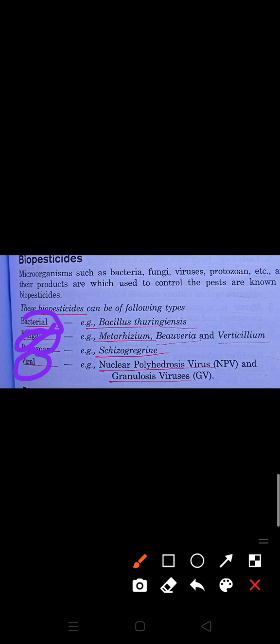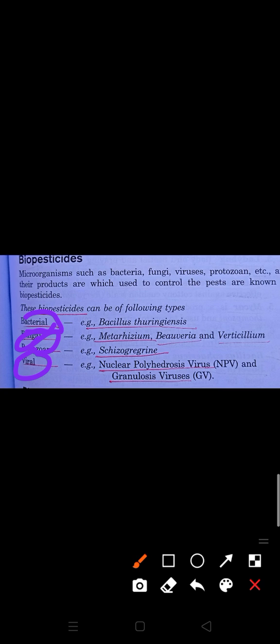Bacillus thuringiensis works on different kinds of insects. One simple example I can give you is Bt cotton. The bacterial species Bacillus thuringiensis especially works to kill insects like moths, flies and beetles.